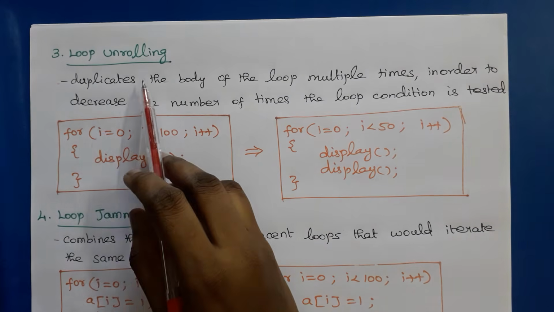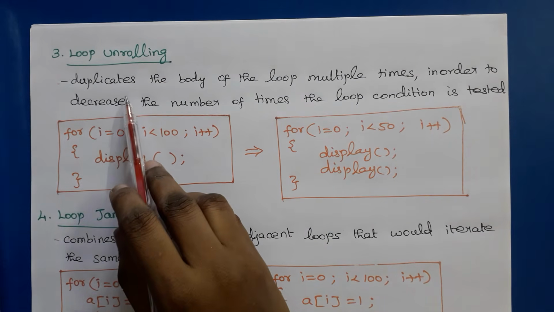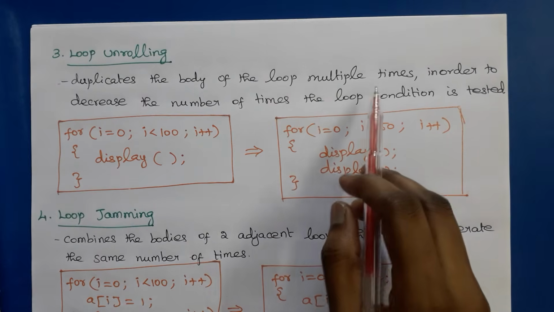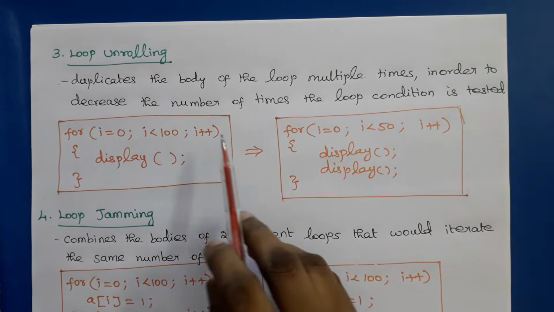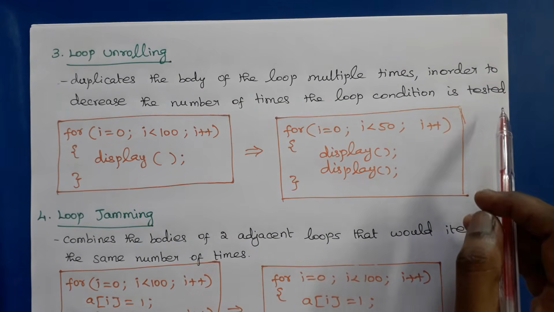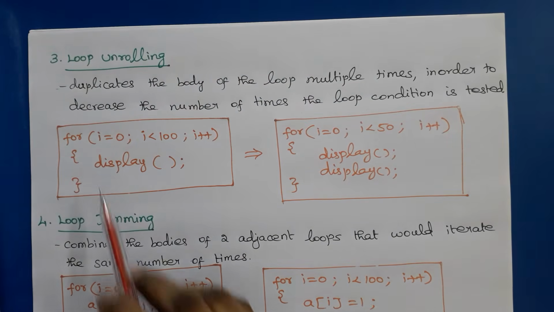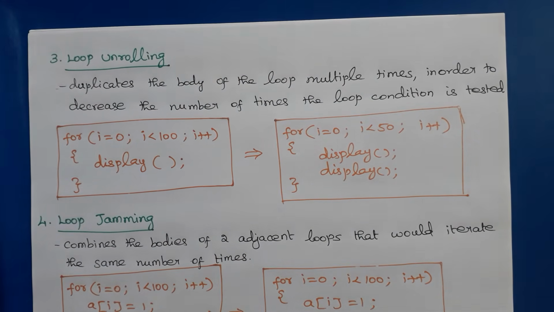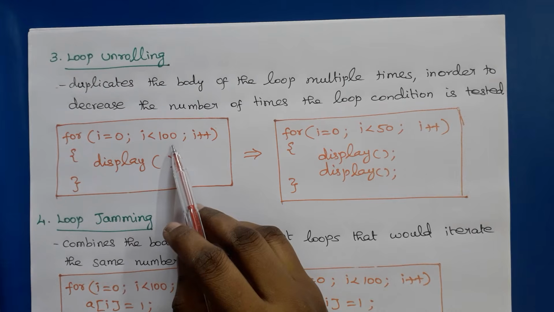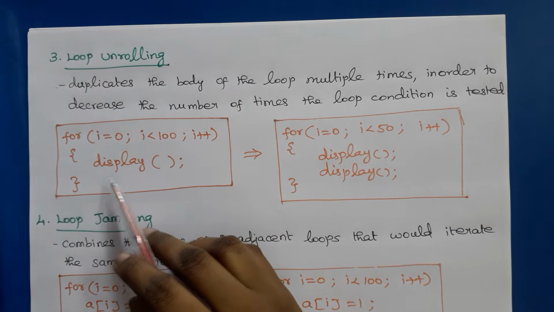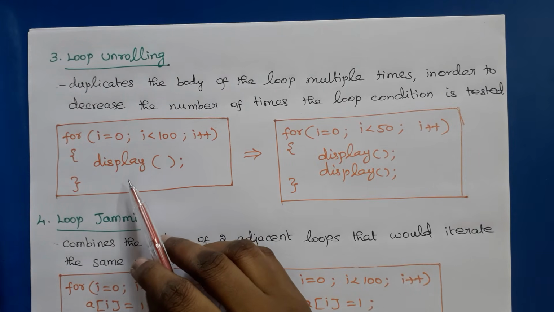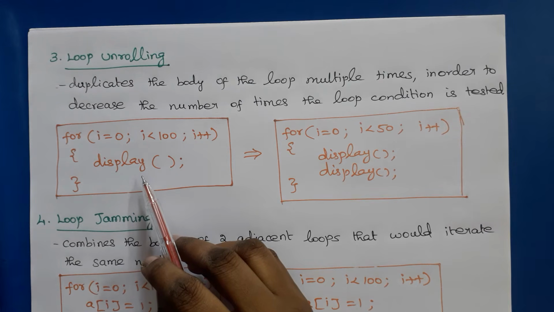The third one is loop unrolling. This technique duplicates the body of the loop multiple times in order to decrease the number of times the loop condition is tested. So here the loop is executed 100 times, and each time a display function is called.